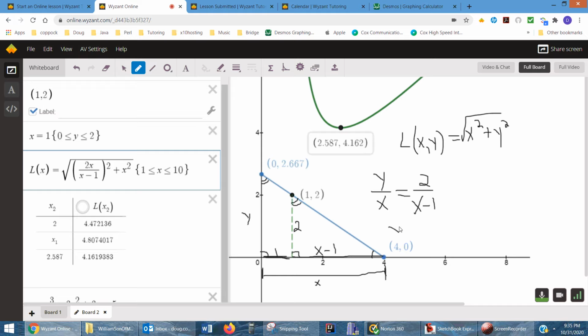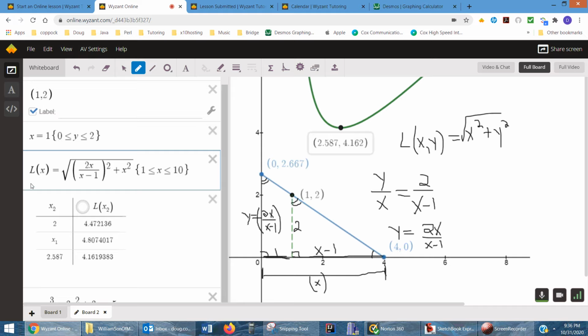And if I solve for y, I get 2x over x minus 1. So that's what this distance is right here in terms of x. So the formula for the length of the hypotenuse in terms of x is this side squared plus this side squared, the square root of that.